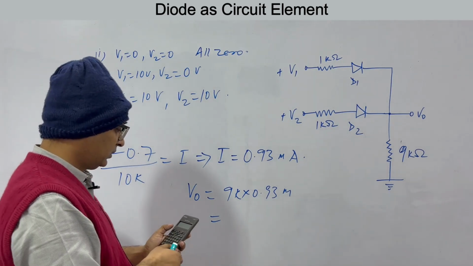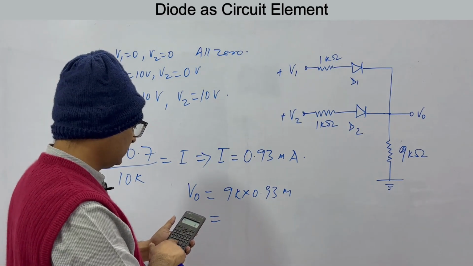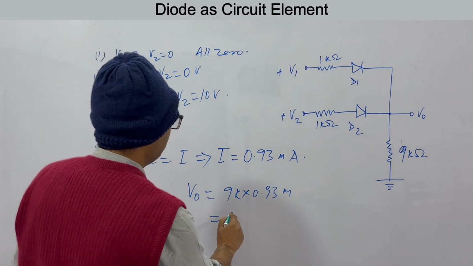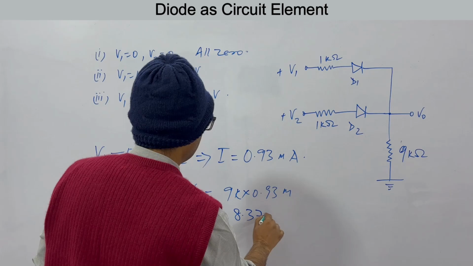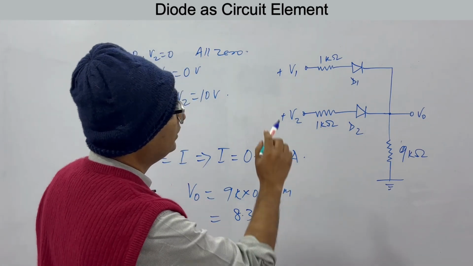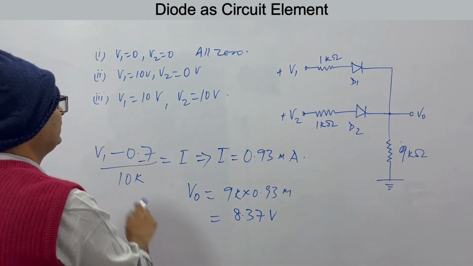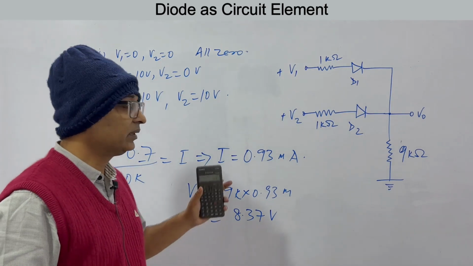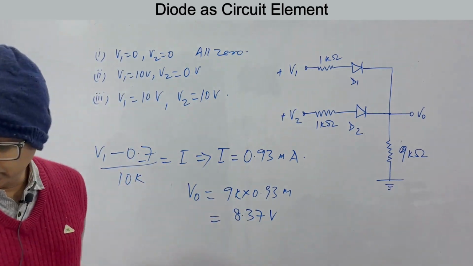Let me just calculate it: 9 into 0.93 is 8.37 volts, when your V gamma is 0.7. We have taken V gamma equal to 0.7 volts. If in the question it's given 0.6, you can put that and the value will change.